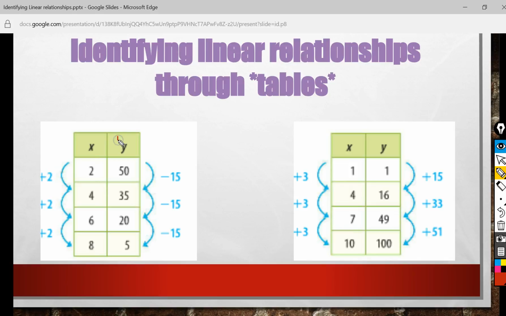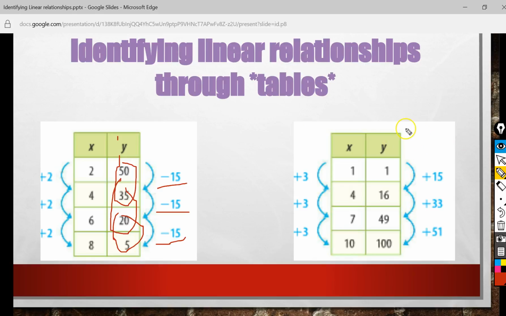Going from 50 to 35, minus 15. 35 to 20, minus 15. 20 to 5, minus 15. So all of our y's are constant as well. All of our x's are constant, all of our y's are constant. So we would say that yes, it is a linear relationship.